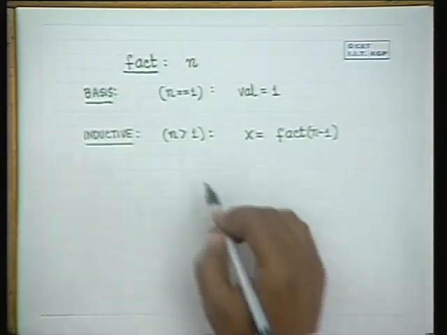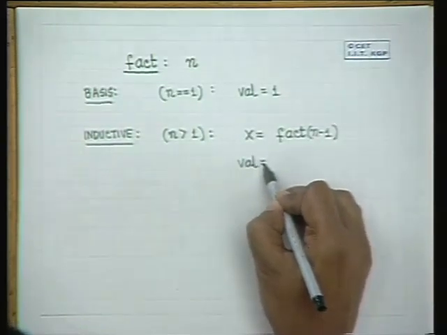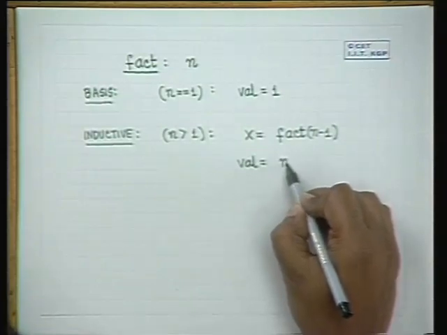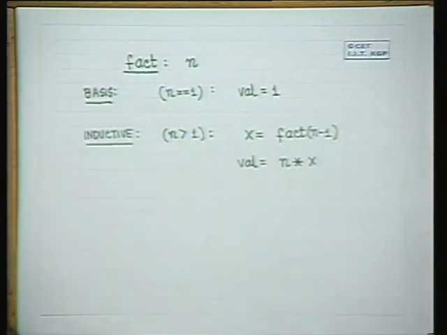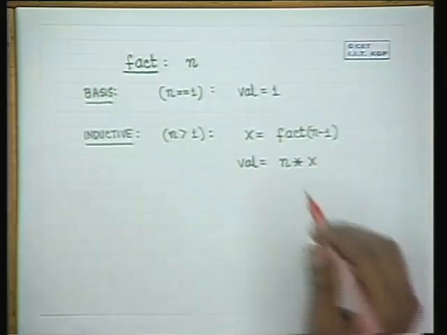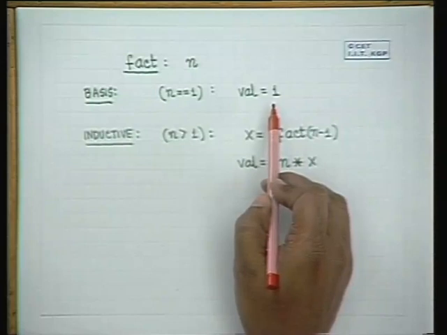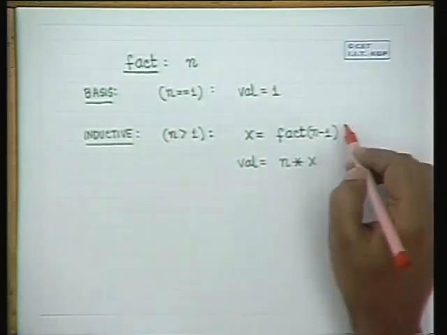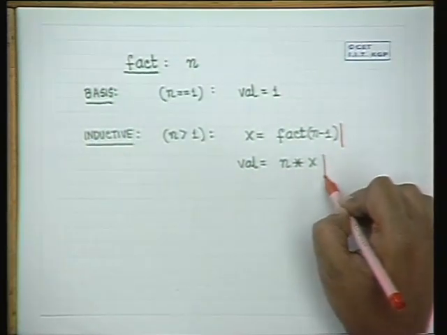And how did we recompose the problem? We recomposed the problem saying val is equal to multiply n with x. So, in an inductive definition, there is a basis part, and there is an inductive part or a recursive part, in which there are two phases, as I mentioned before.